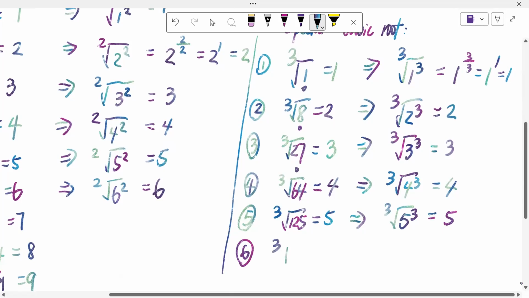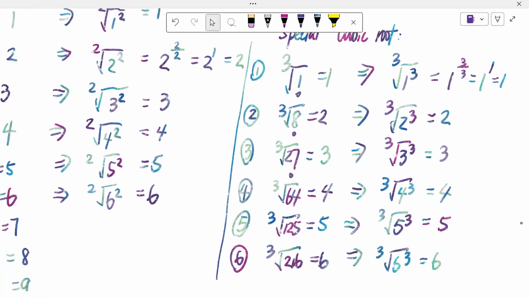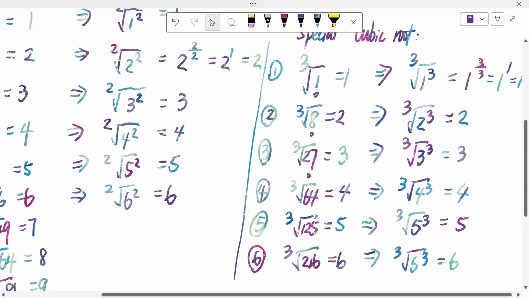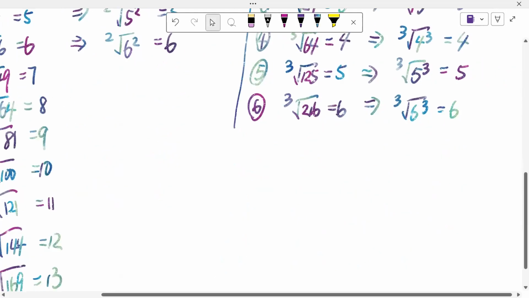The cubic root of 216 is 6, because this is the cubic root of 6 cubed. So, etc., we can keep going. But again, you see the general pattern: when we have a perfect cube, we're able to simplify it accordingly. So any questions so far?